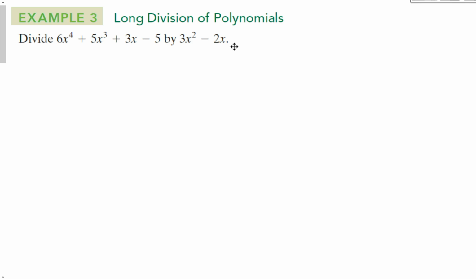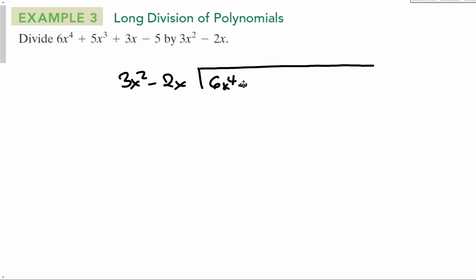Now, we don't really have to put it on the end of the divisor, but we definitely must put it in the middle here. So let's do this: 3x squared minus 2x, into 6x to the fourth, plus 5x to the third, plus 0x squared, plus 3x minus 5. Okay?